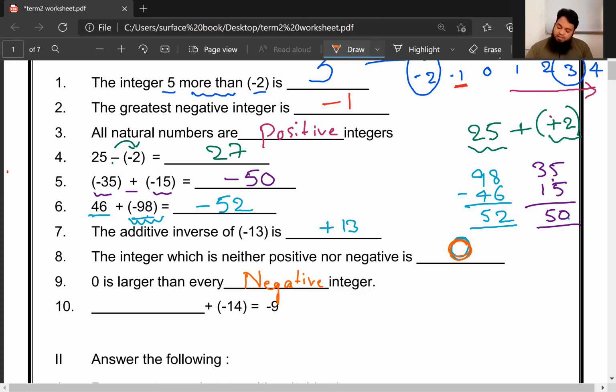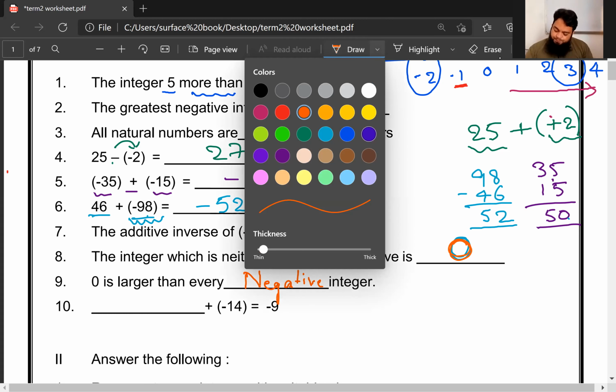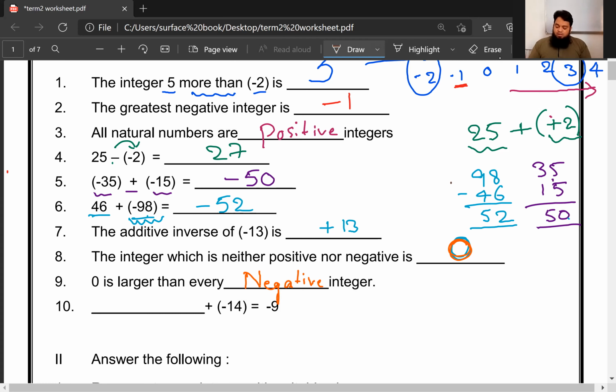Now, what is the next one, my dear students? Blank plus minus 14 equals minus 9. Here, the answer you have to get is minus 9. When you get negative as an answer, you have two options. When both are negative, you will get a negative sign.